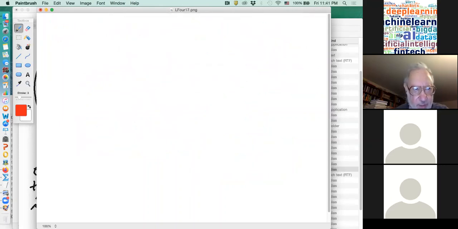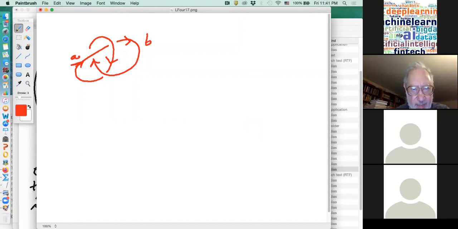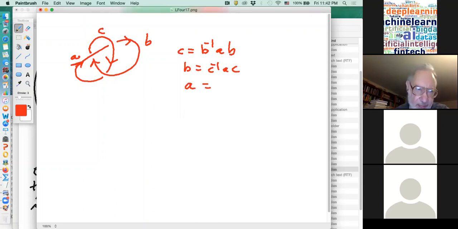So if we wanted to understand the fundamental group of the trefoil knot, then we can say generated by A and B and C, and the relations are that C is equal to B inverse AB, that B is equal to C inverse AC, and that A is equal to B inverse CB.